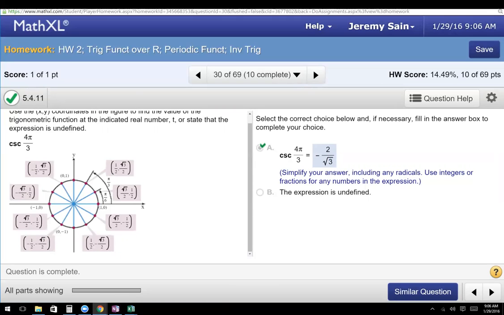So I just flipped it upside down. I made it 2 over root 3 instead of root 3 over 2. No, that's not what we did at all. We just looked at where it was on the circle and then flipped it upside down because it's cosecant.